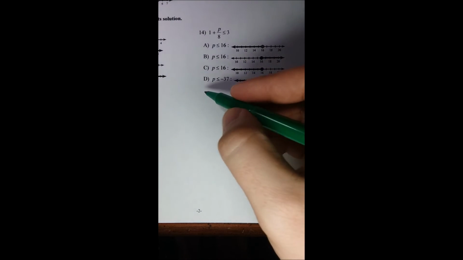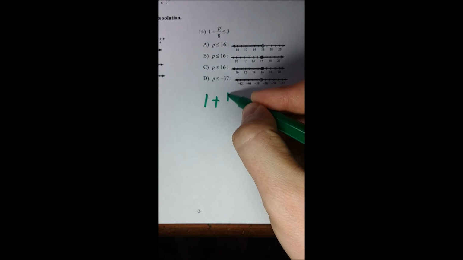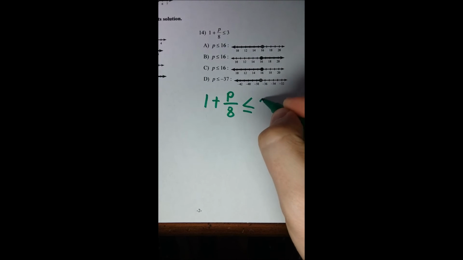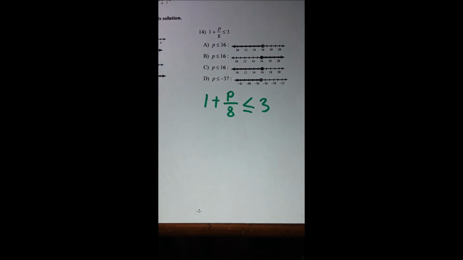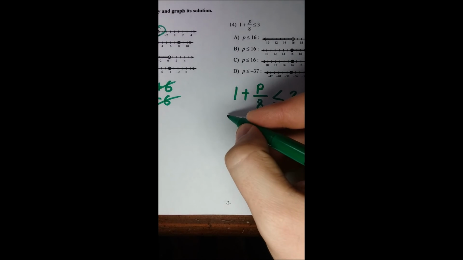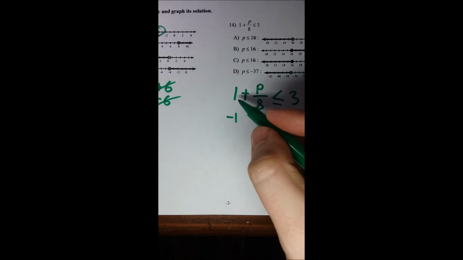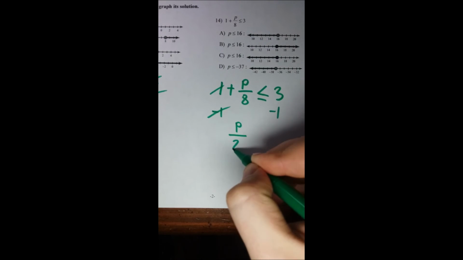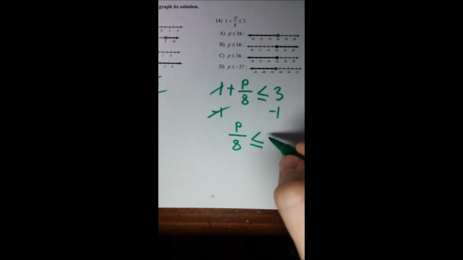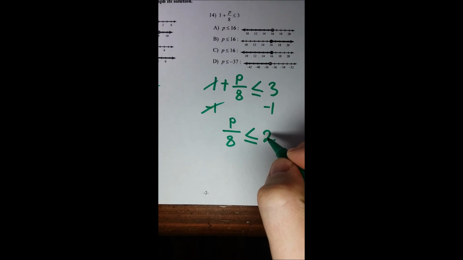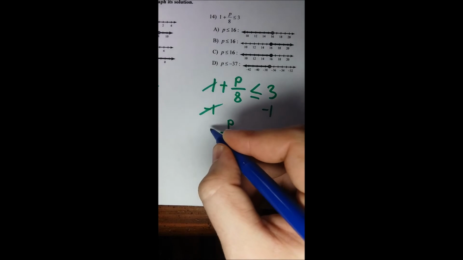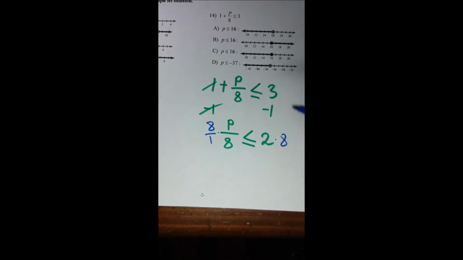Here you go. And the last question is going to be 1 plus p over 8, which is less than or equal to 3. So you subtract 1 from both sides. These ones are gone. So p over 8 is less than or equal to 2. And the last step is to multiply both sides by 8.